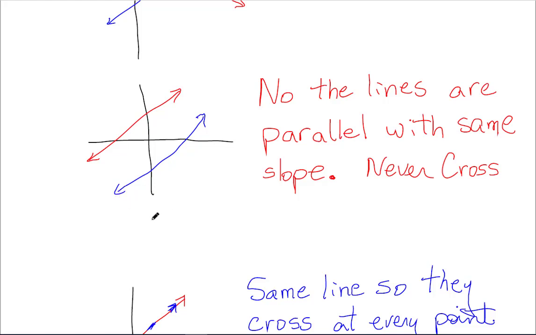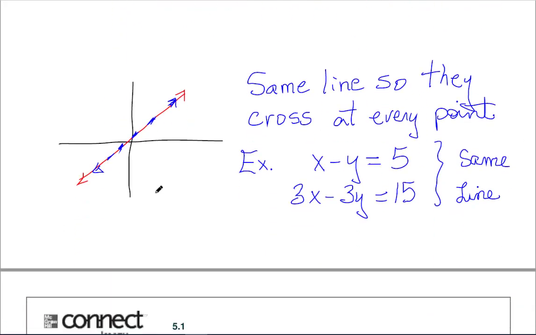And as silly as it seems, it is possible that I could have exactly the same line, which means that if they're the same line, they're on top of each other and they're actually intersecting at every point. Therefore, there would be an infinite number of solutions.